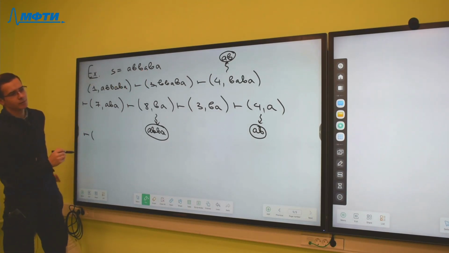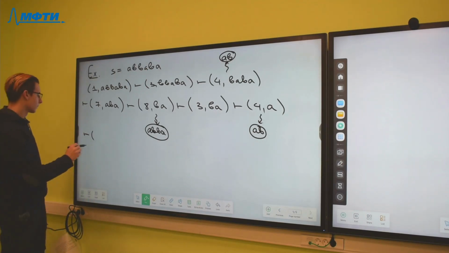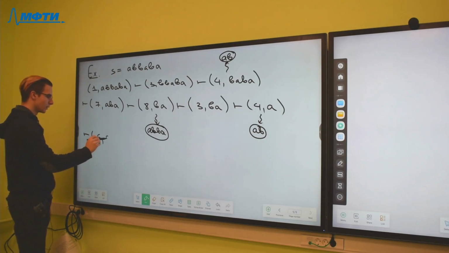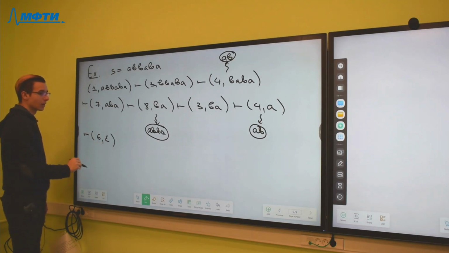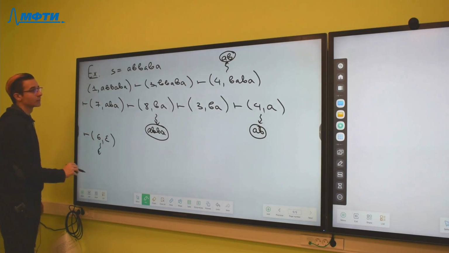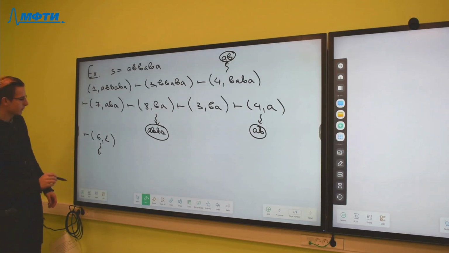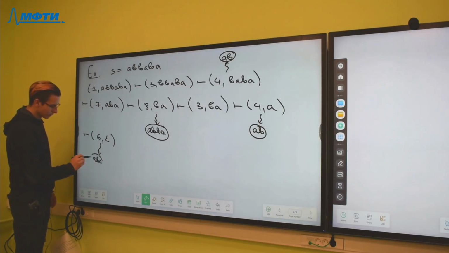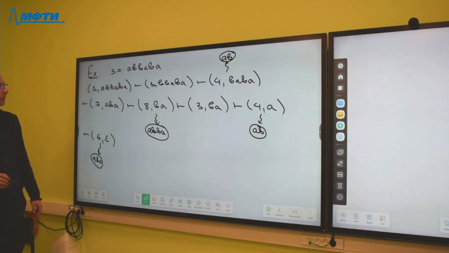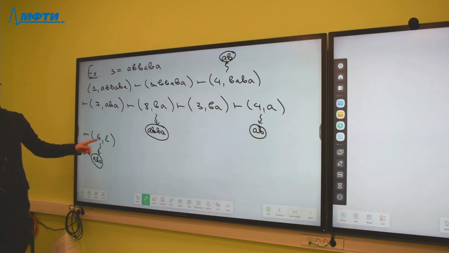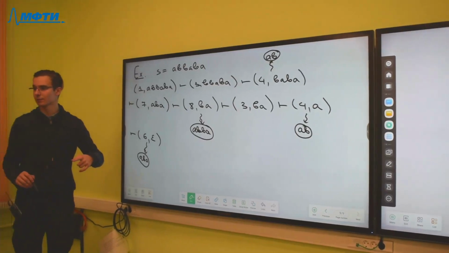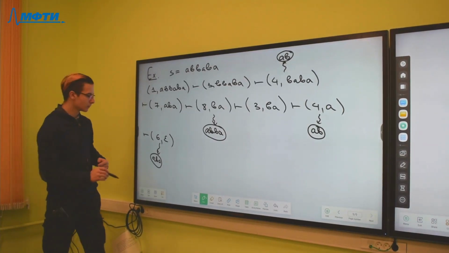And then we go by A to 6, yeah. And it is equal to A, B, A, because it is final. And then, before we end our algorithm, we need to go from this state to the initial state by the suffix links too.